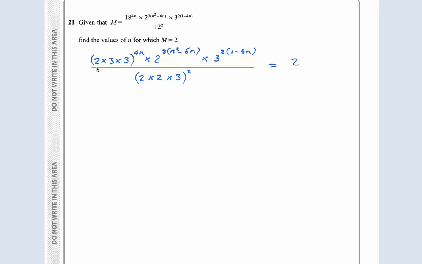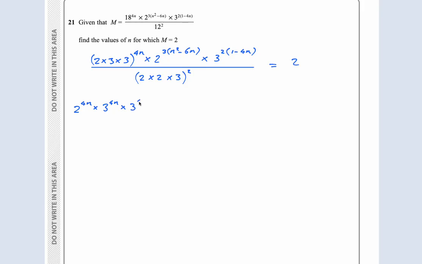Next step, I'm going to break this up. So instead of 2 times 3 to the 4n, I'm going to write that as 2 to the power of 4n times 3 to the power of 4n.